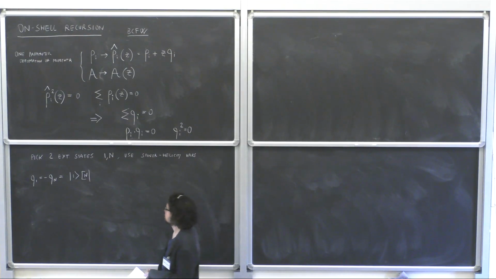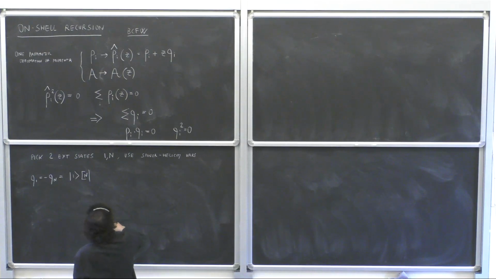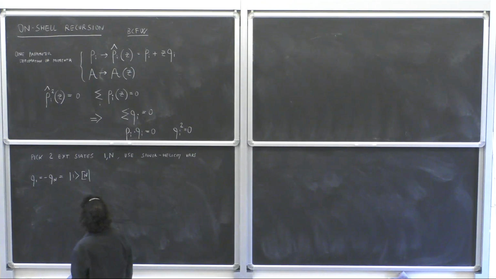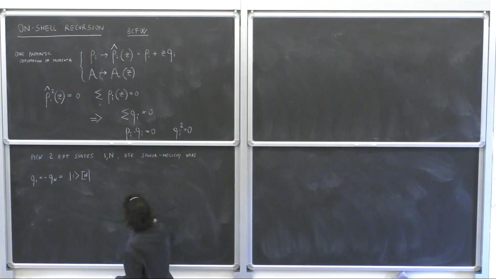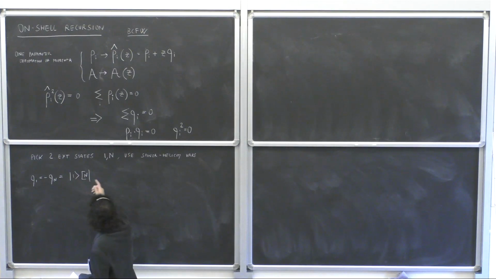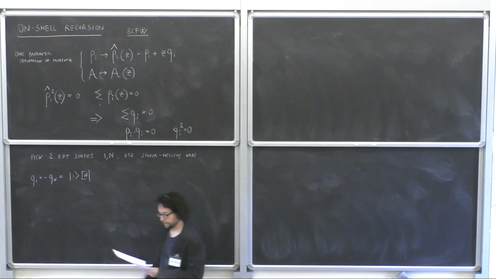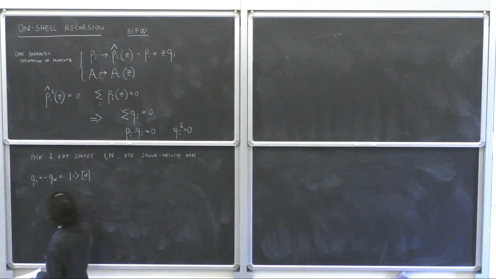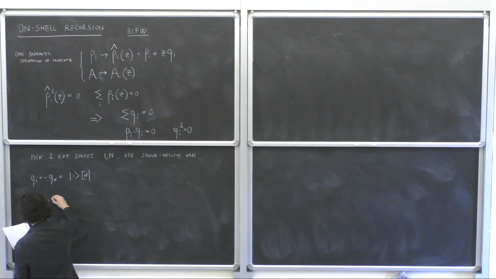So check, obviously solves momentum conservation, and then you consider both Q1 with a scalar product with the nth and the 1 momentum, and you see because of them coming with 1 spinor from one of the external states and the other from the other one, they give you a 0. So this is a perfectly good choice for our recursion, and this is equivalent to actually having a shift.